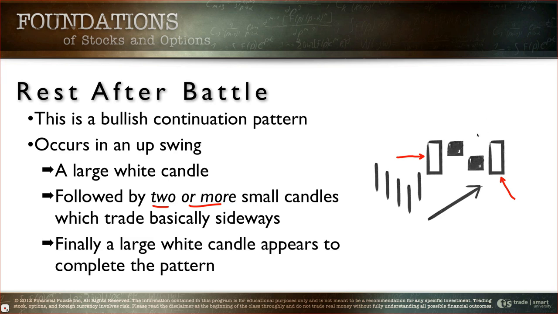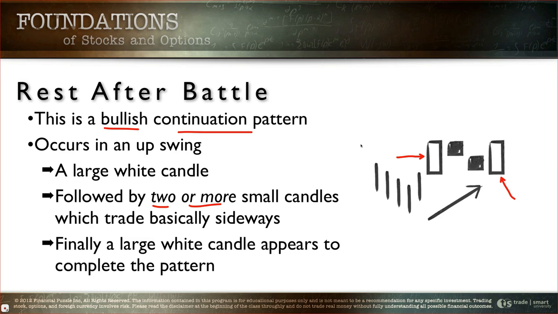Now, this formation, we technically call it a rest after battle, and it's basically a candlestick version of a stair step, but a stair step does not have to have these candles. A candle rest after battle has to have this formation. When you see it, it's an exceptionally strong bullish continuation pattern. It's got a very, very high follow-through rate for being a good continuation pattern for us here.